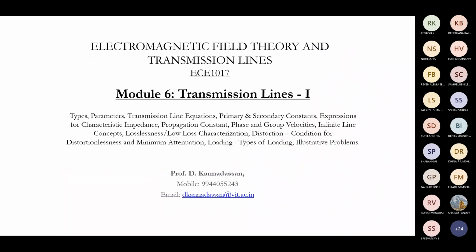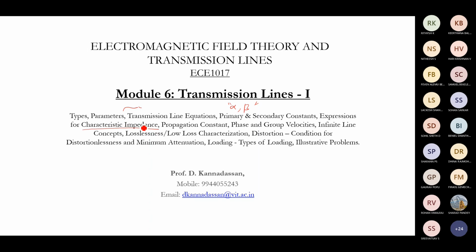Soon we will go to the transmission line equations, which will be very similar to wave propagation, where you will study alpha, beta, attenuation constant, phase constants, all these things will come. Then you will write the expression for the wave impedance of the transmission line, which is often referred to as characteristic impedance.